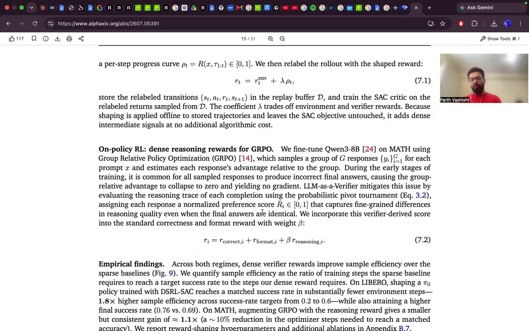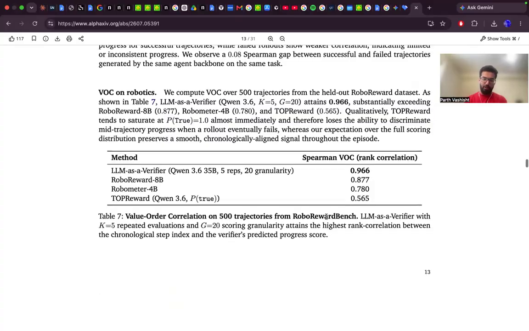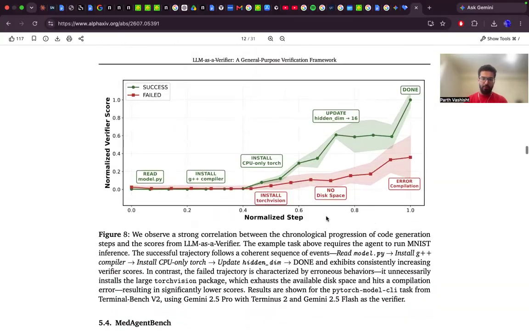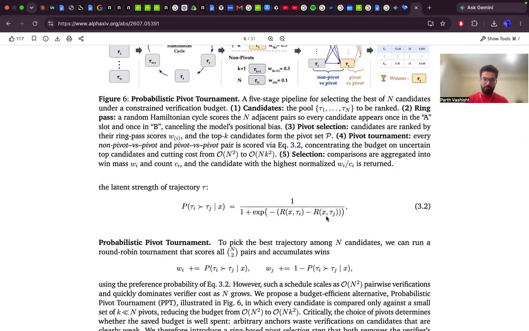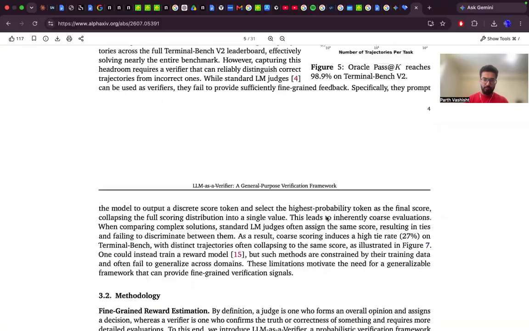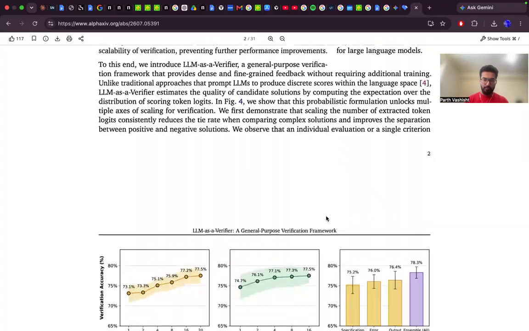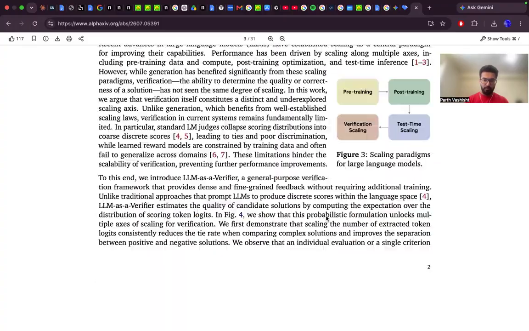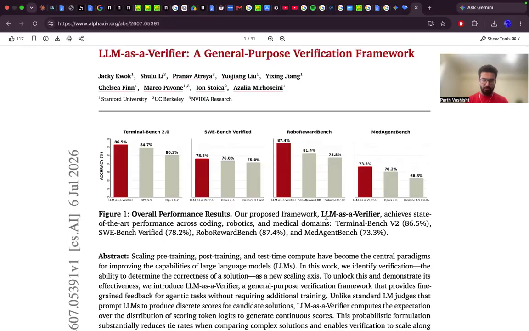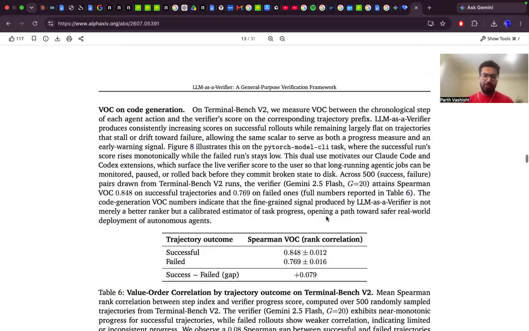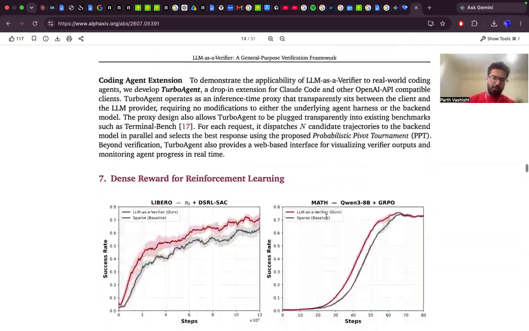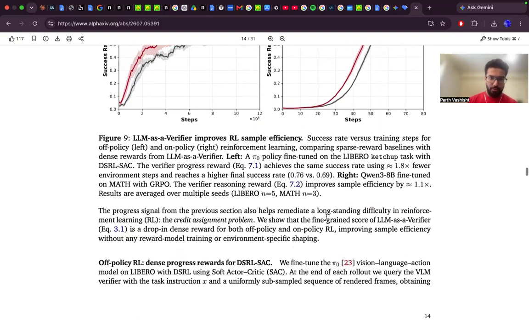But I think with GRPO, if I remember correctly, it didn't show a lot of improvement when they compare it against GRPO, right? Yeah, I think they mentioned something with GRPO, but it did not show a lot of improvement.